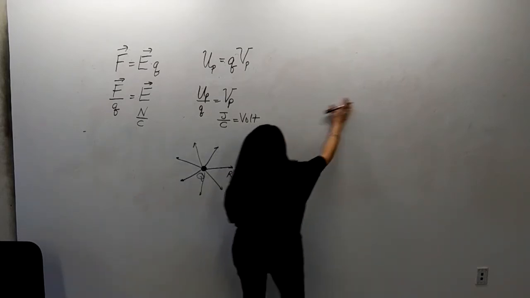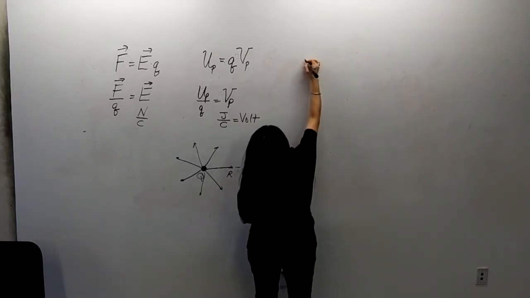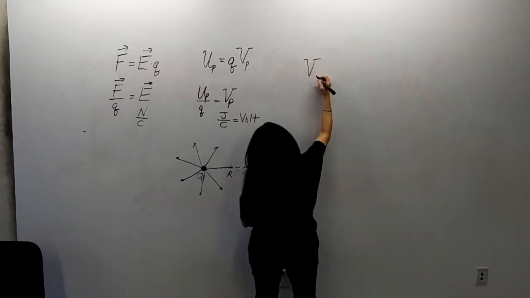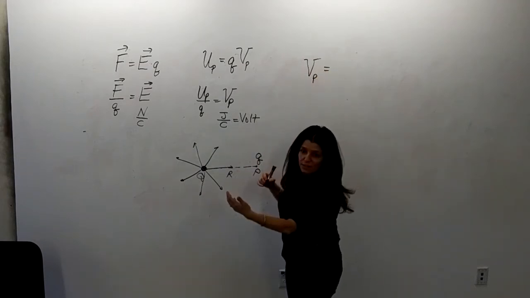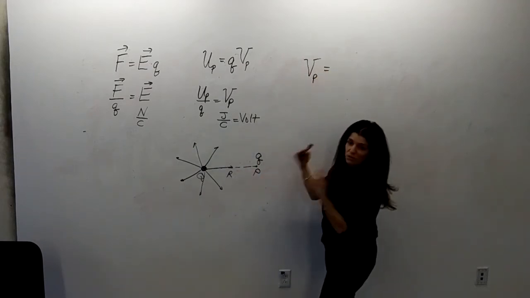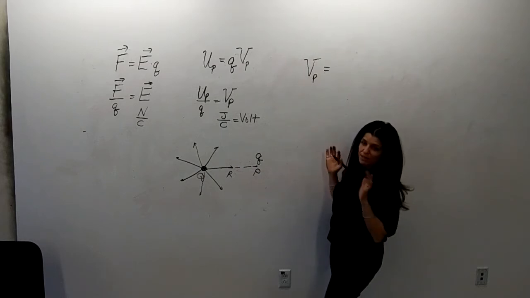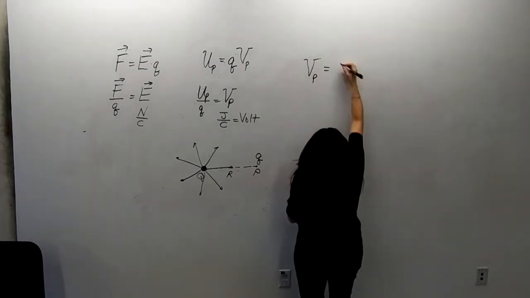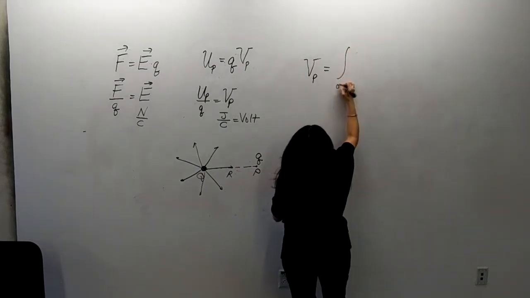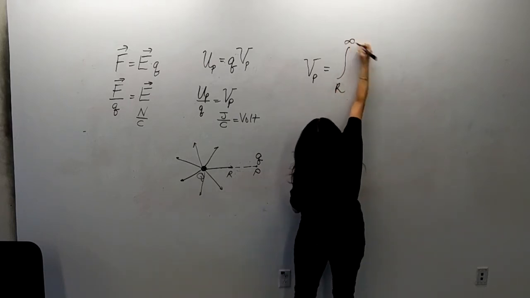Okay, so let's define the potential V at point P to be the work that the field does on the charge to push it back out, same as the work I did to push it in the first place. So that's going to be the integral from R to infinity.